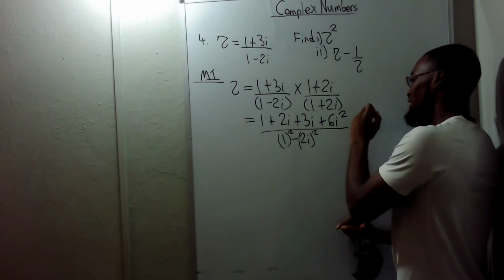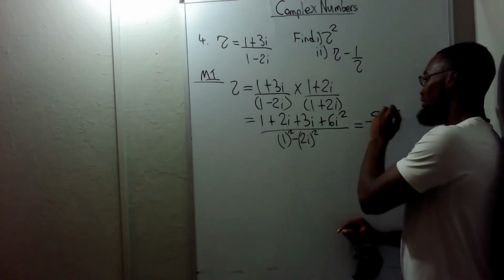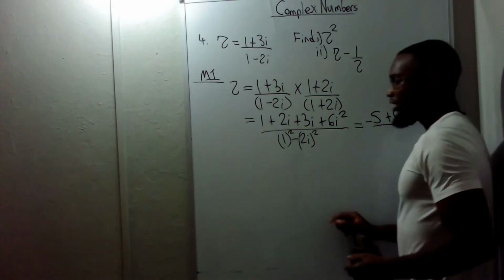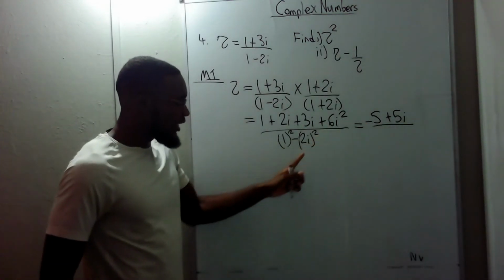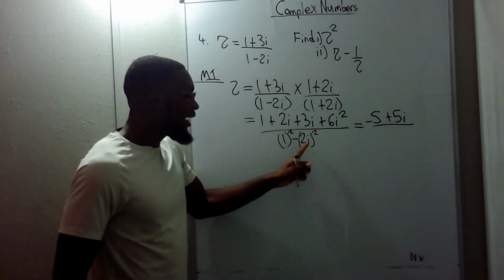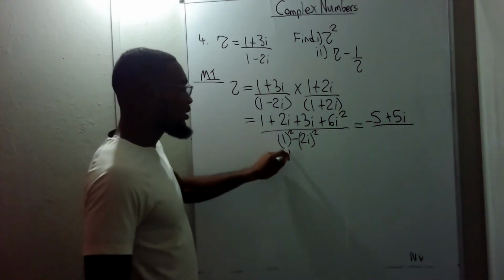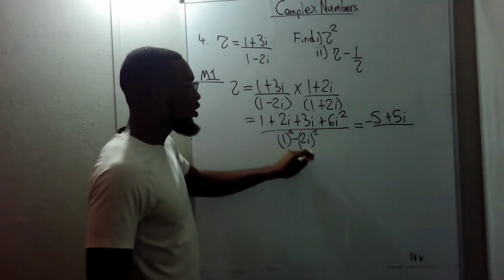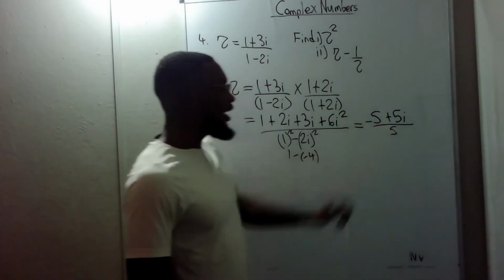That's negative 5. Plus 2i plus 3i is 5i over, now 2i all squared, that's going to be 2 squared is 4, i squared is negative 1, so inside here is negative 4. This is 1 minus negative 4. But minus and minus become plus. So this is over 5.